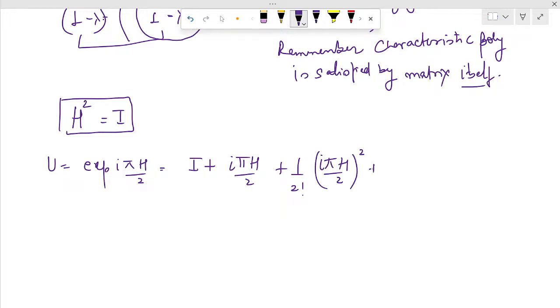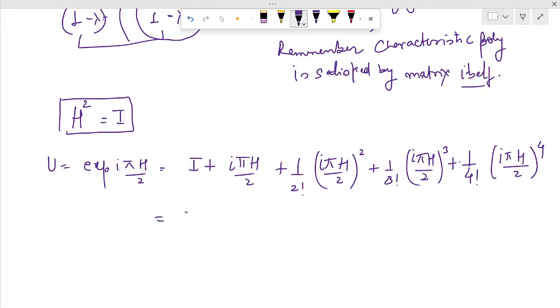Then you will have plus 1 upon 3 factorial iota pi h upon 2 whole cube plus 1 upon 4 factorial iota pi h upon 2 whole power 4. Now from here you will get identity plus iota pi upon 2 h.